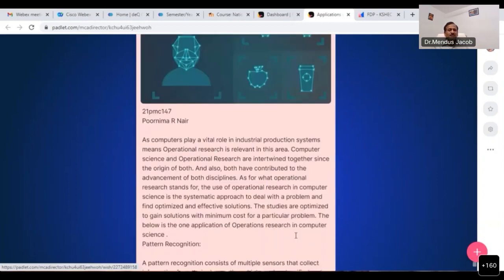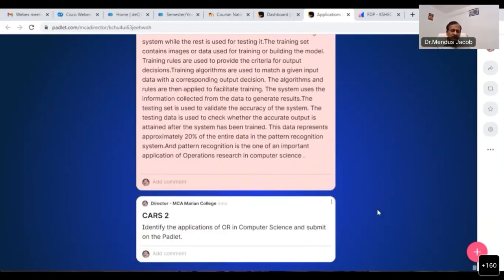I usually give this as an assignment in the class, and within 1 hour I get submissions like this, because the first student will research somewhere and get an answer like this.